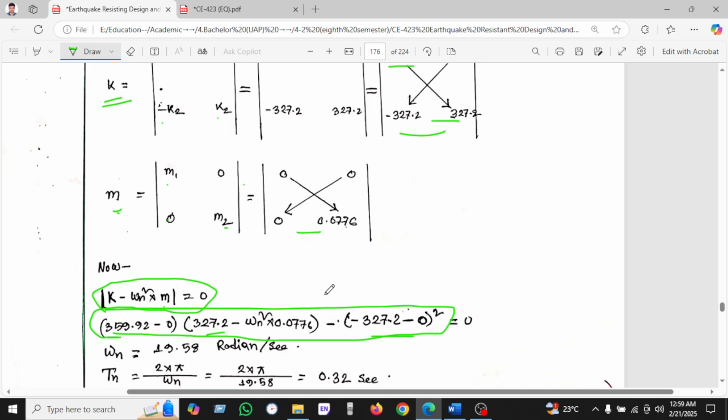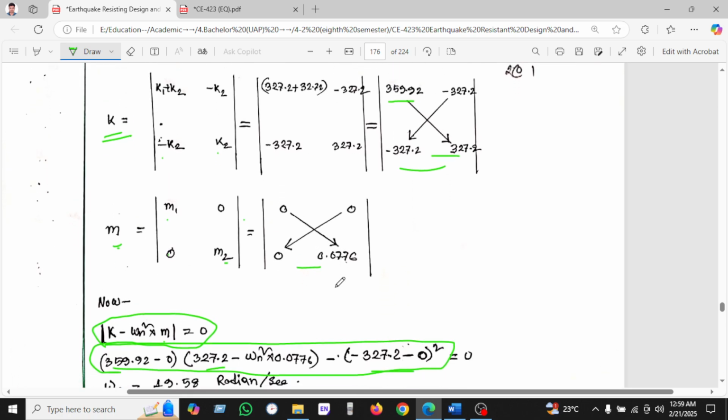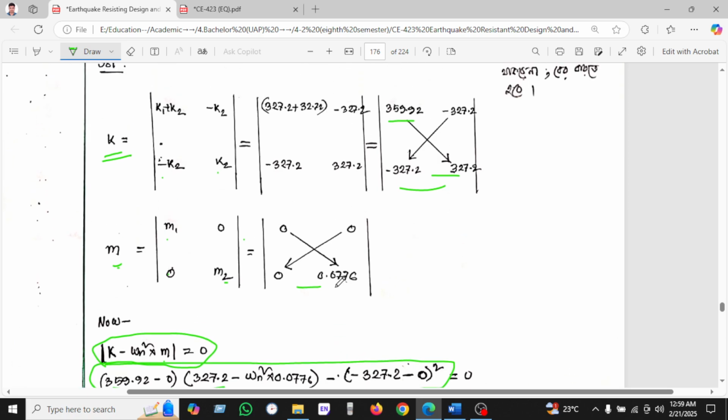But if you want to do it, then you can use this. So how will you find this? You just use 3599.2 minus 0 and 327. Here is 327 minus omega square into 0.003, which is m, and minus and 32.7 minus 0.